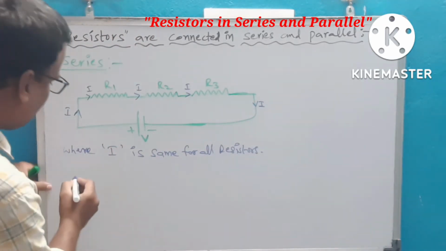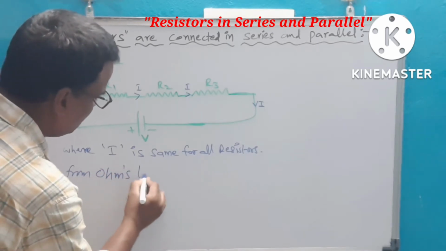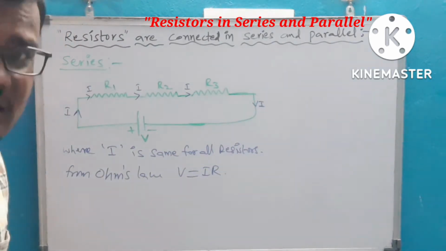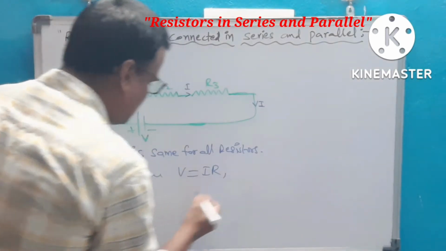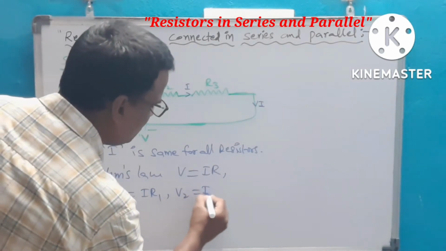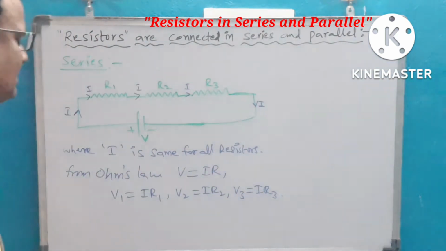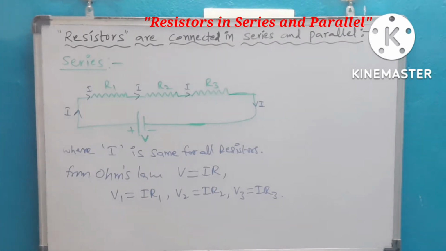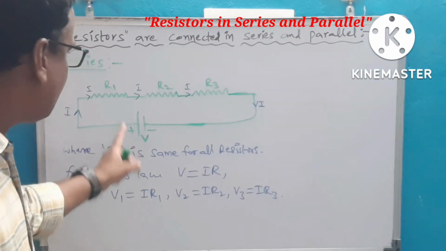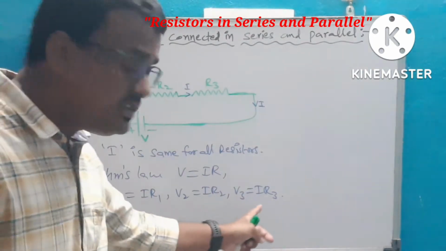According to Ohm's law, we can write V equal to IR. So for the series combination, V1 equal to IR1, V2 equal to IR2, V3 equal to IR3.